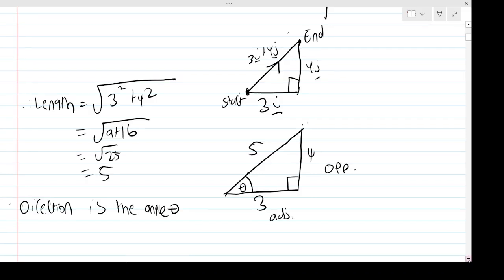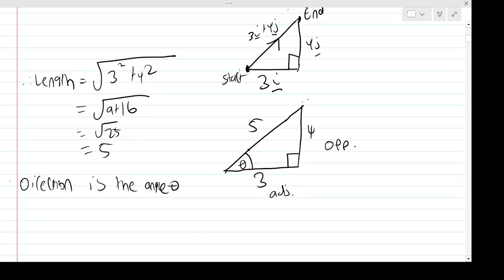So tan theta is opposite over adjacent, that's 4/3. Therefore theta is inverse tan of that, which is 53.1 degrees, to 1 decimal place.